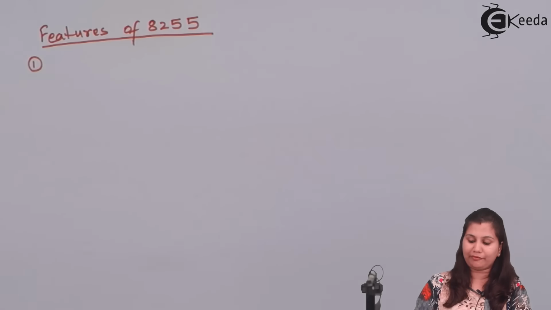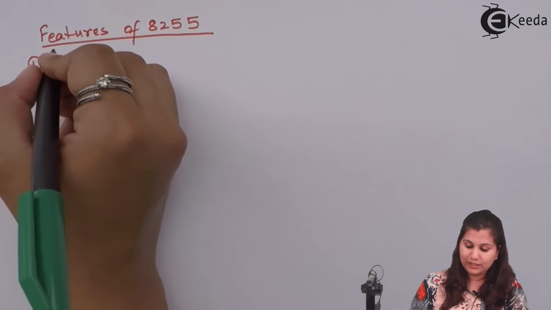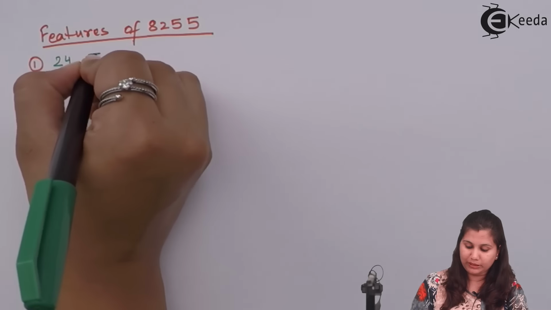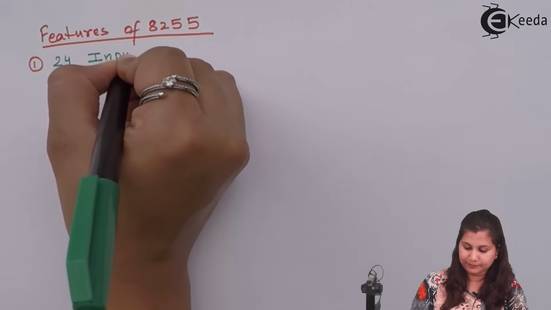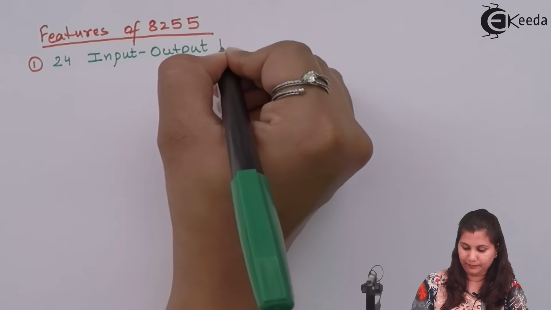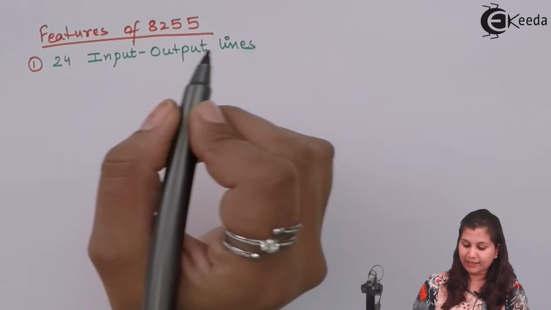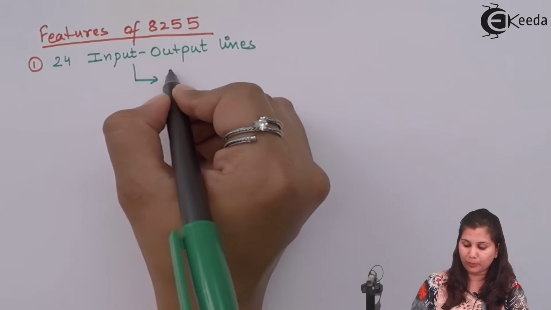This 8255 Programmable Peripheral Interface PPI, it has 24 input-output lines. And these 24 input-output lines, they are divided into 3 ports.